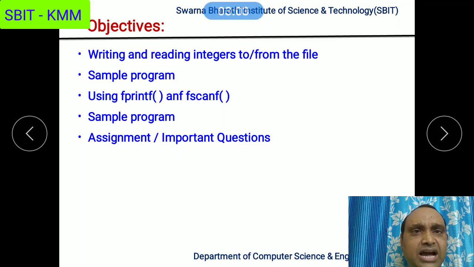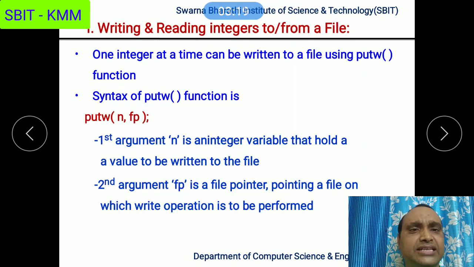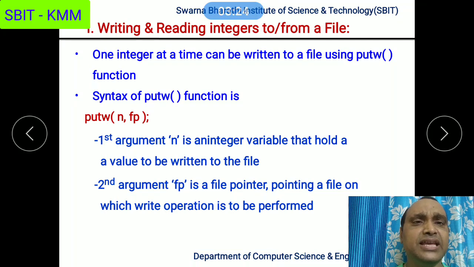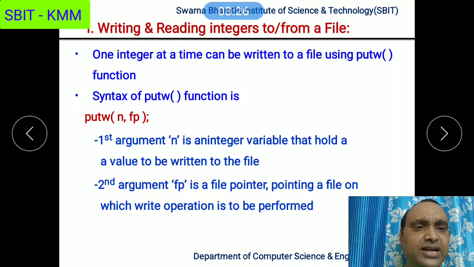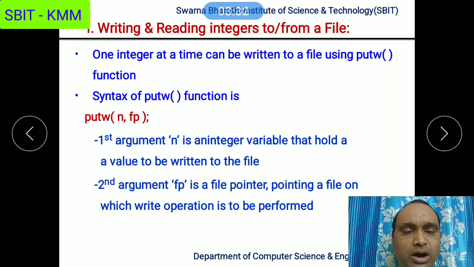So let us start our discussion with the functions that are used to read integer values from the file and write integer values to the file. It is possible for us to write a list of integer values to the file. Similarly, it is also possible for us to read a list of integer values from the file. So how do we do all these things?